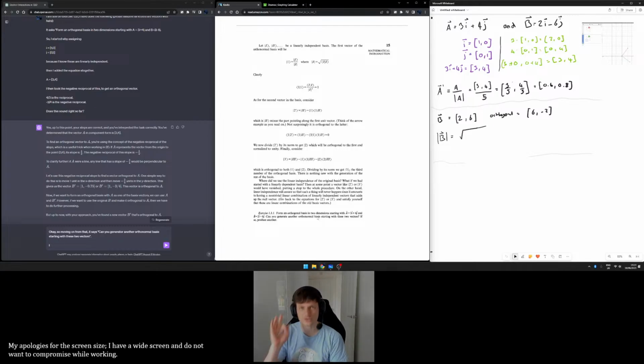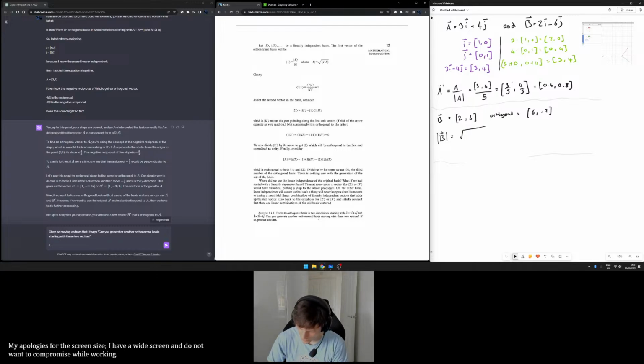Okay, let's try, because maybe we just multiply by the norm, right? We now divide by its norm, which will be orthogonal to the first and normalized to unity.